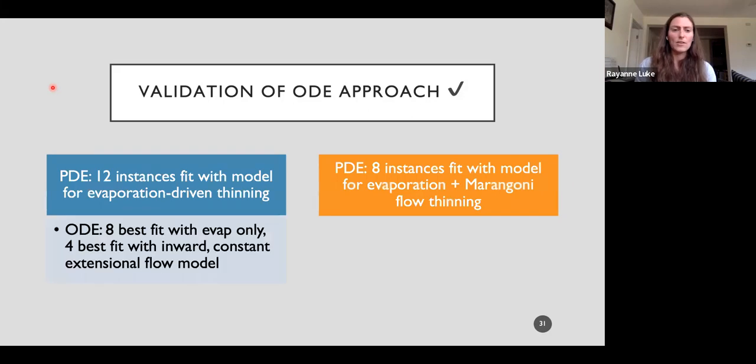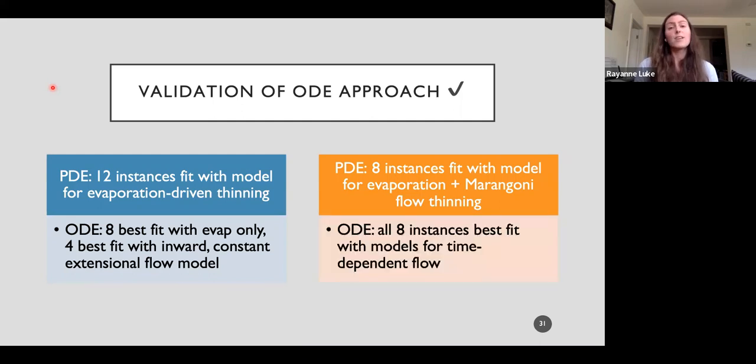In the first case, I found that 8 of the best were fit without any flow at all, just with evaporation. And the other 4 for their best fit had inward constant extensional flow, which is characteristic of evaporation-driven thinning. On the other side, all of the models were best fit with models for time-dependent flow, which is characteristic of the Marangoni effect. So this is a big thumbs up moving forward.